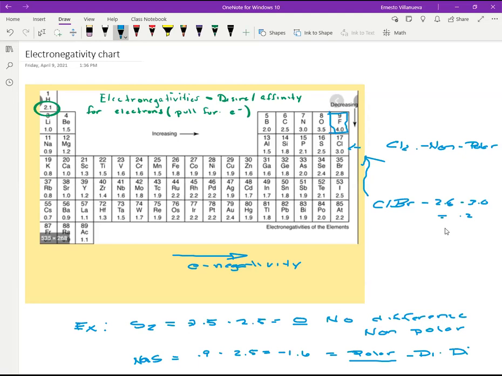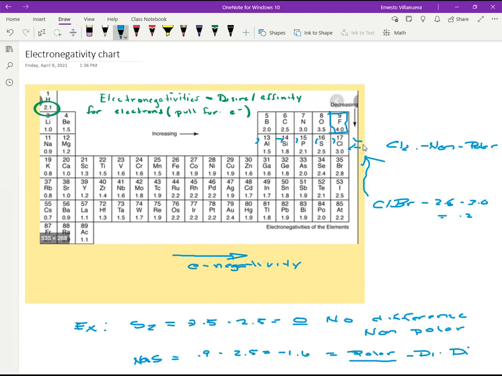Remember, electronegativity is just the desire to gain electrons. As you go across the period on the periodic table, you're getting closer and closer to filling up that last valence shell with electrons. And the closer you are to filling up the electron shell, the more desire you're going to have to pick up more electrons. So if you have a greater desire to pick up more electrons, you're going to be much more electronegative.